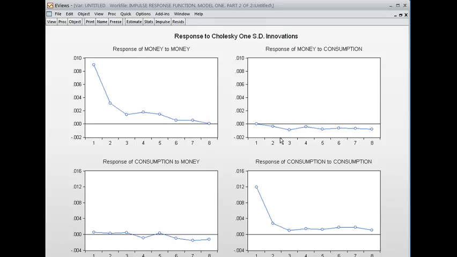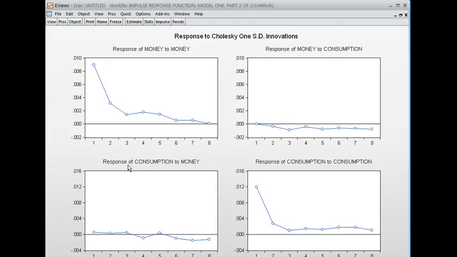Or you can say into the future until 8 months money supply will be negative. That means consumption and money supply have a negative association, a negative impact. If consumption goes up, then money supply will react negatively.